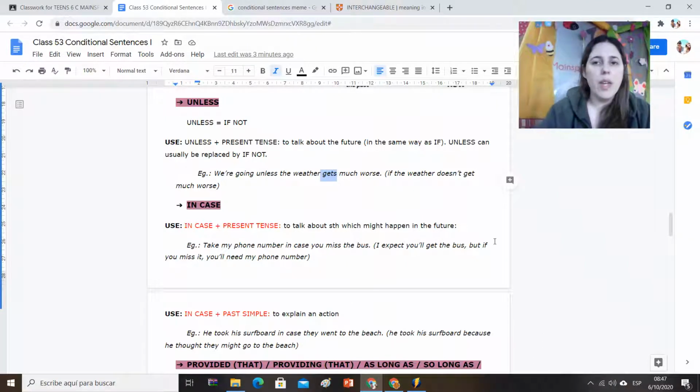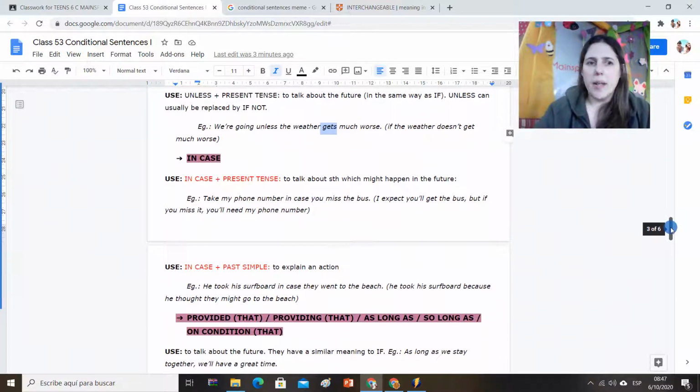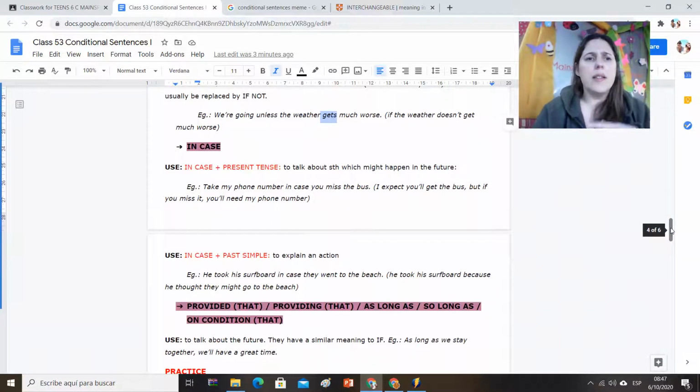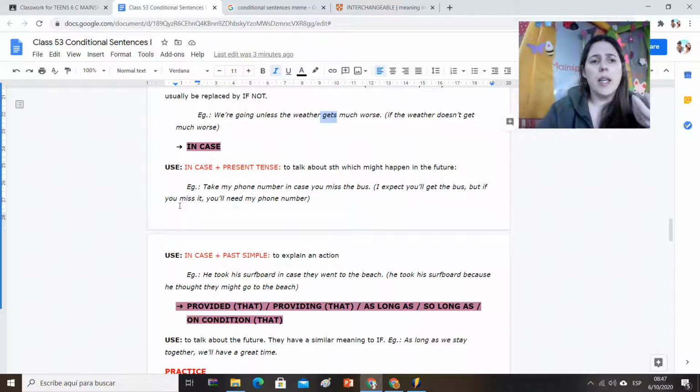Okay? In case is quite simple because in case is used to talk about something which might happen. Okay, for example, I take my phone number in case you miss the bus. Okay, take my phone number if by any chance you miss the bus and you need me.